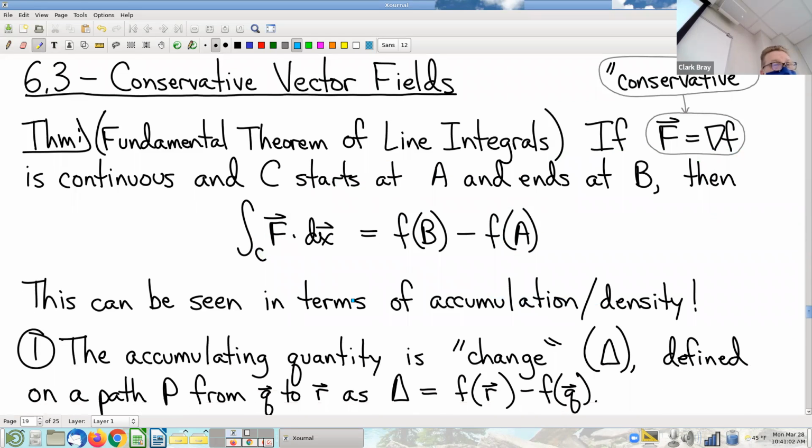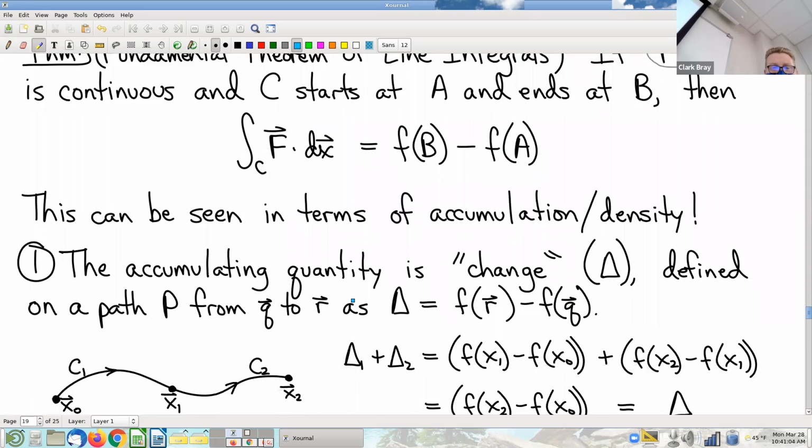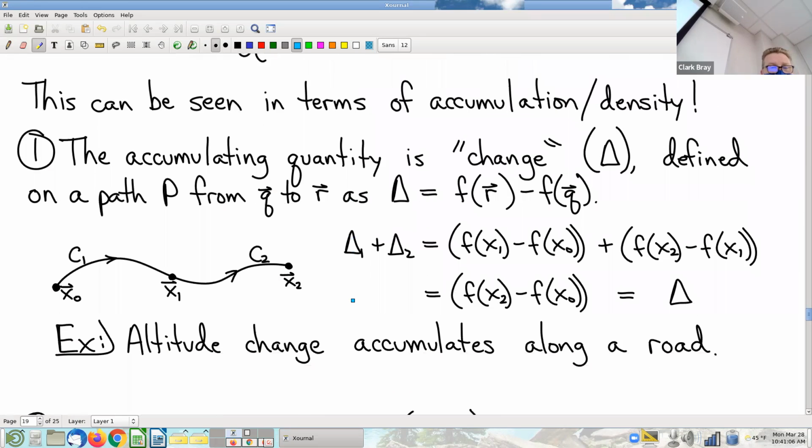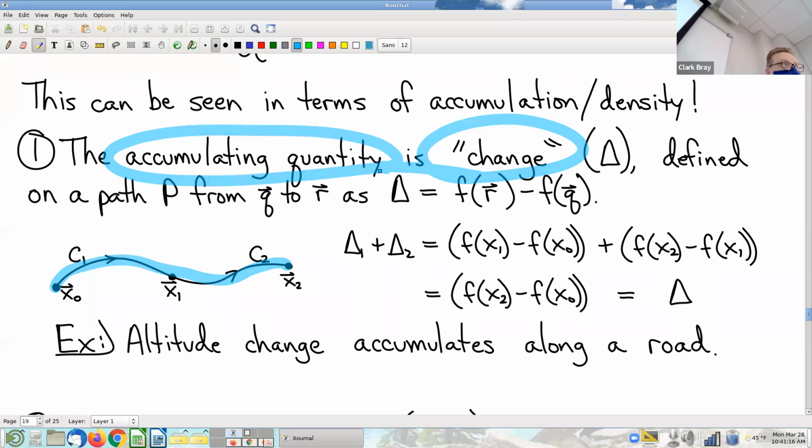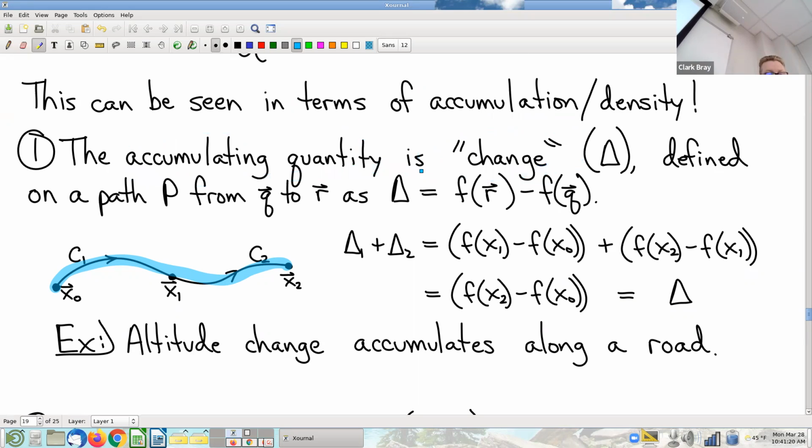Different ways that one can prove this. As you all know, I'm a big believer in this idea of accumulation and density. So I want to point out first that as you are moving along some curve, change is an accumulating quantity, right? So now, again, you have to think this through. How do we know that change is an accumulating quantity over path?